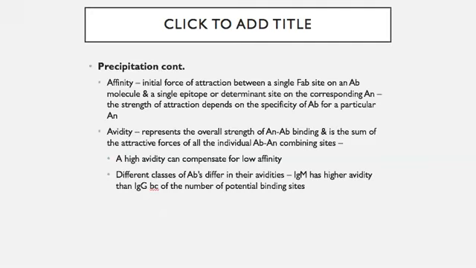A high avidity can compensate for a low affinity. And different classes of antibodies differ in their avidity. IgM is going to have higher avidity than IgG because of the number of potential binding sites.